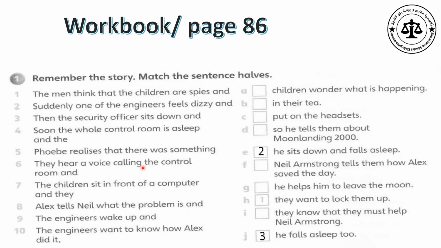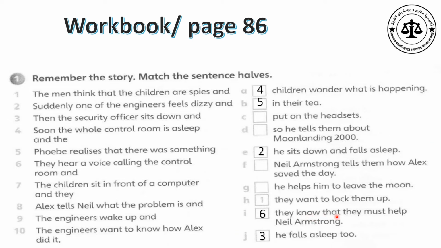Number 4. Soon the whole control room is asleep and, excellent, the children wonder what is happening. 5. Phoebe realizes that there was something, what? Excellent, something in their tea. Number 6. They hear the voice calling the control room and what?